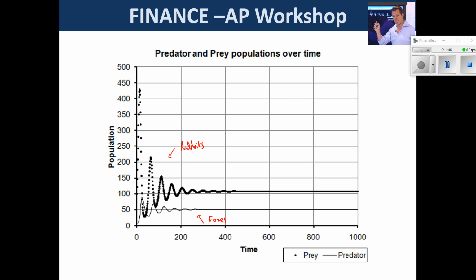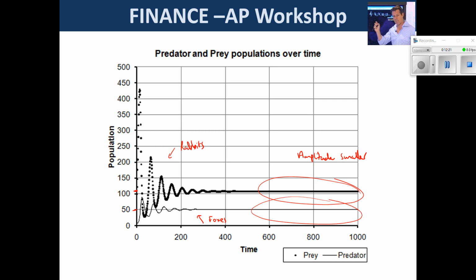You should understand that when we notice that the distance between successive crests and troughs is diminishing, so the amplitude is getting smaller, that tells me that our populations are tending towards some kind of equilibrium value. So we've got an equilibrium value here of just over 100. I don't know what that might mean. If I've got nice scales, 110, 105 or so, and this equilibrium value there for the foxes is going to be about 50.